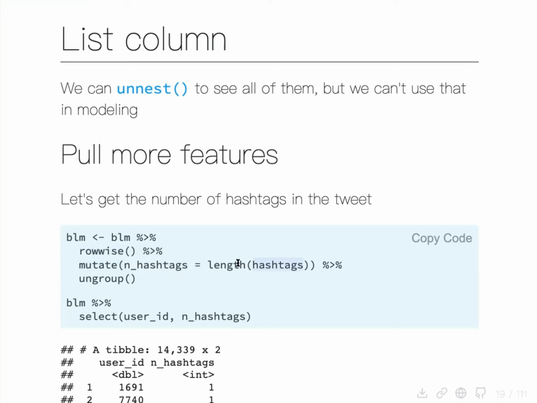So I'm going to say, what's the length of hashtag? The length is going to go into each row, because we're in this row-wise thing, and calculate the length of what's in that row. So for many people, it's just 1, but for other people, it's 3 or 4 or 5 or whatever. I ungroup at the end, and then I can say BLM, select user ID and then hashtags, and then you can just see the number of hashtags people are using.